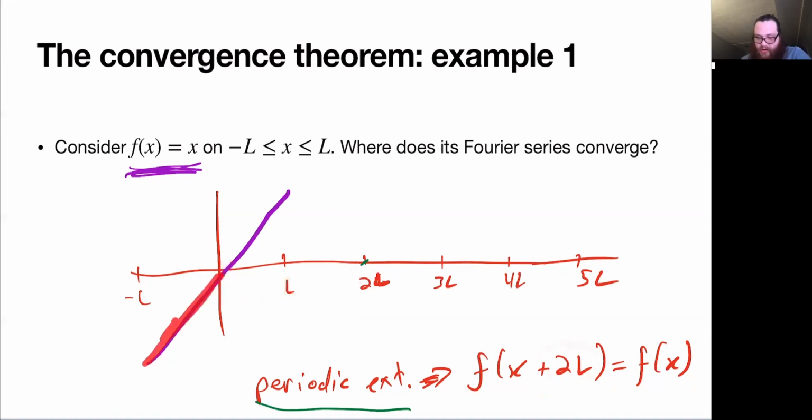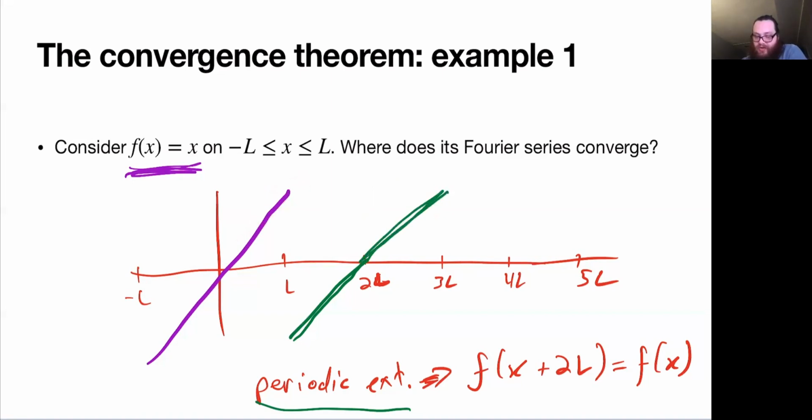So if we take points down here, plus 1L plus 2L, the periodic extension over here is going to look like that. If we take points over here, plus 1L, so plus 1L plus 2L, the periodic extension over here is going to look like that.